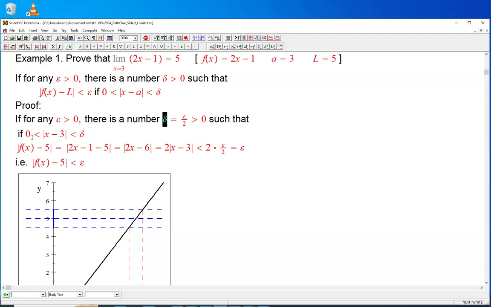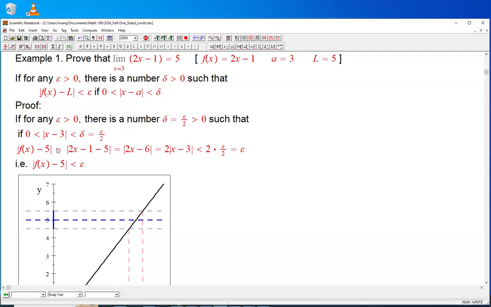Then I'm going to show, if absolute value of x minus 3 is less than delta, which is epsilon divided by 2, and x not equal to 3, then I take my function and subtract the limit.